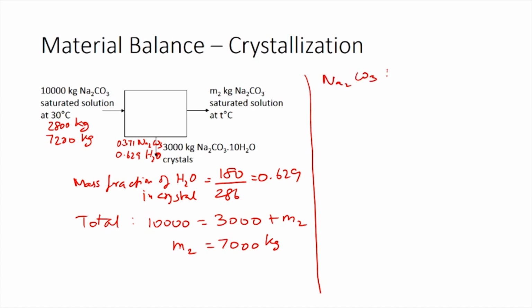Na2CO3 balance can be written as follows. So, you have 0.28 times 10,000 which is entering, which is 2800, and you have 0.371 times 3000 as the mass of Na2CO3 leaving through the crystals, plus an unknown concentration of Na2CO3 in the saturated solution leaving, which will be called X, times 7000, which is the mass of the saturated solution.